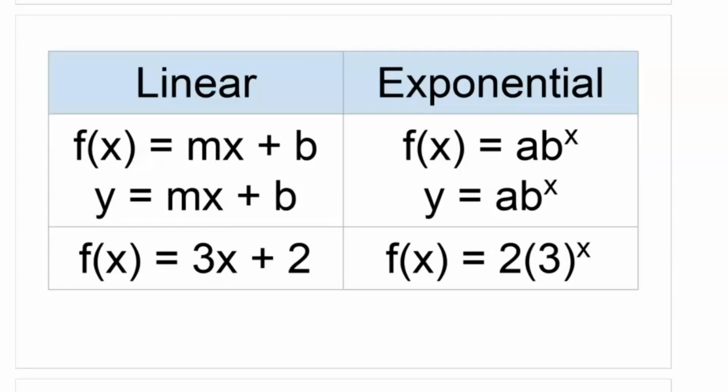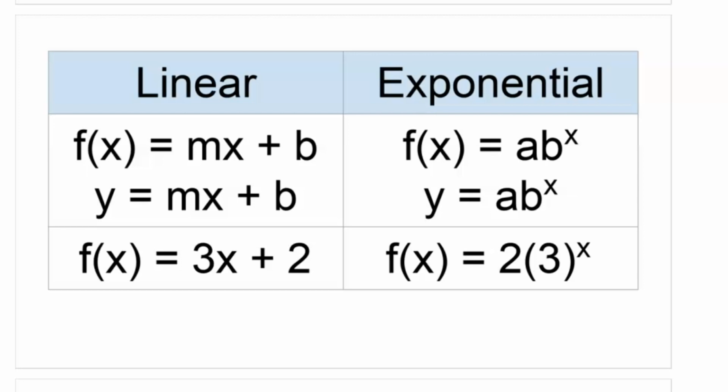Here are the formats of those two equations. So I already talked about the linear equation is y equals mx plus b. The exponential equation is y equals a times b to the power of x. So we have two numbers multiplying, and the second one is being raised to the power of x.